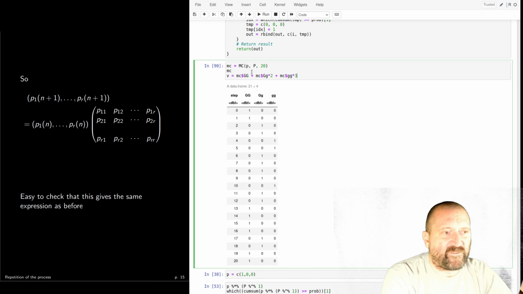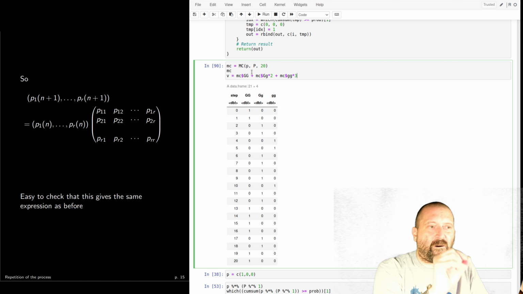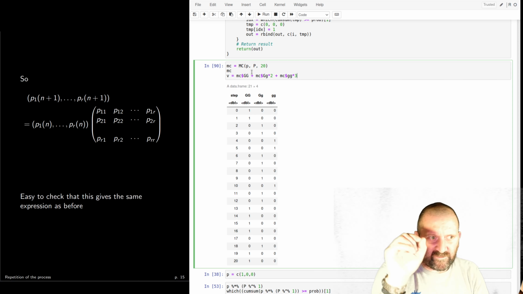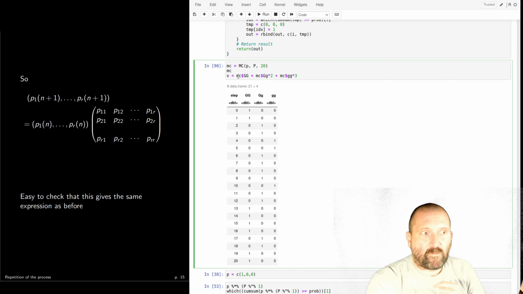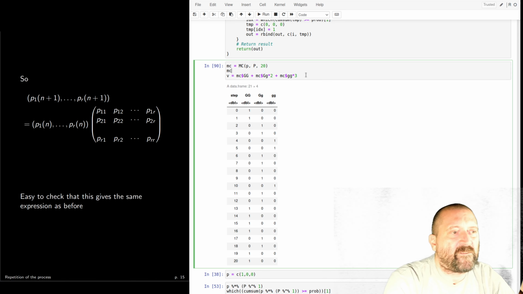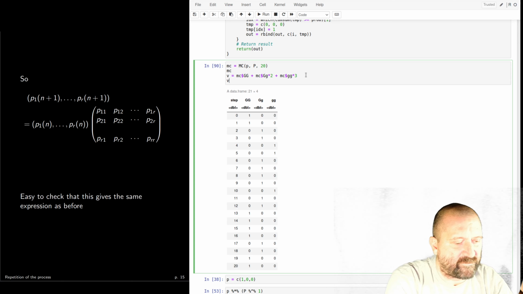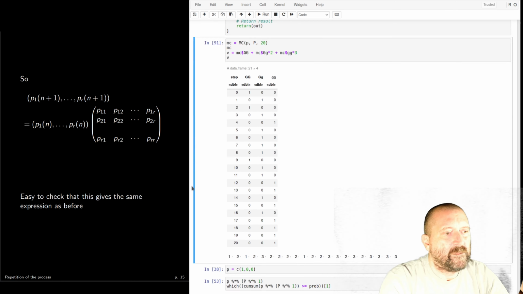Since there's only one entry that's true, when I do this, if I'm in state 1, then V will, for a given row, take the value 1. If I'm in state 2, it will take the value 2, and if I'm in state 3, it will take the value 3.